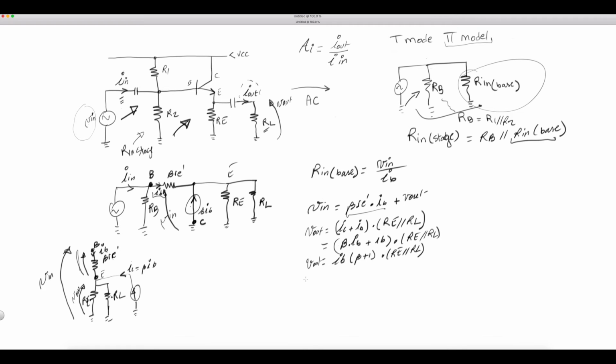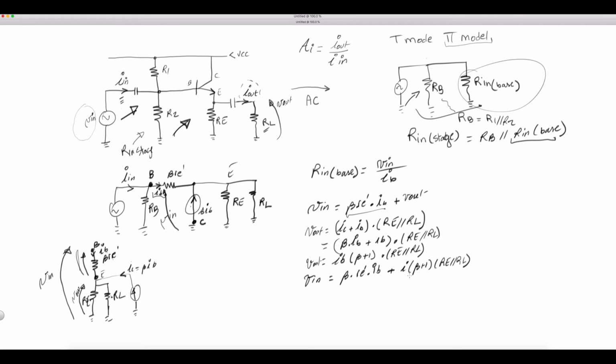So what is that? That means Vn is going to be equal to beta times RE prime times IB plus IB times beta plus 1 times RE in parallel with RL, if we're considering everything with a load.